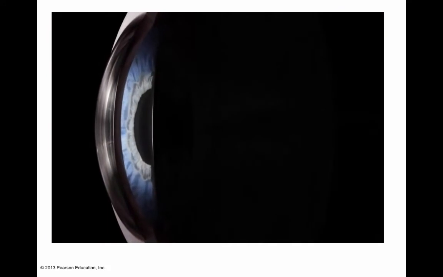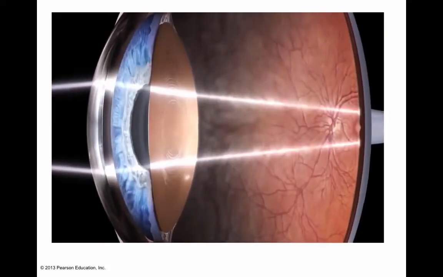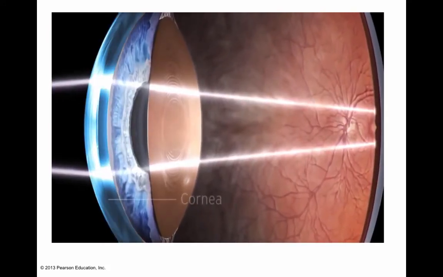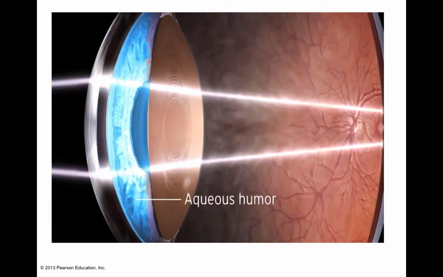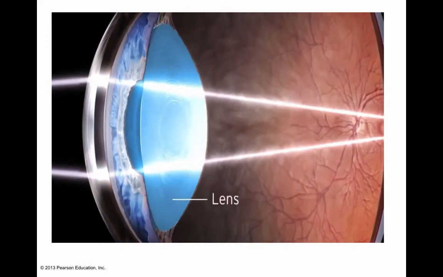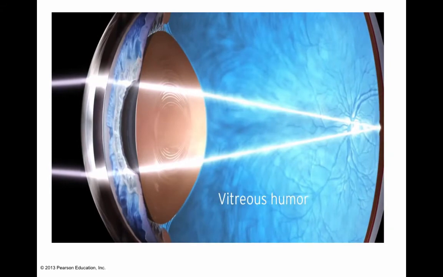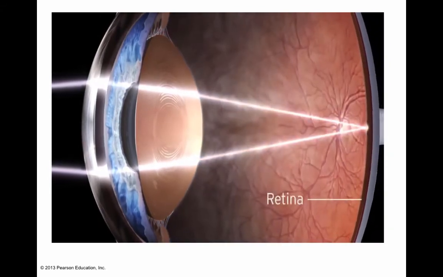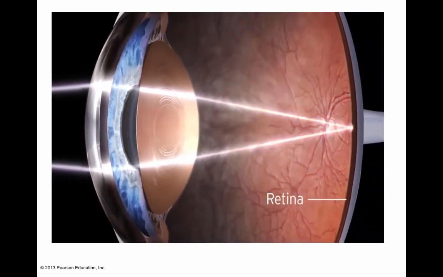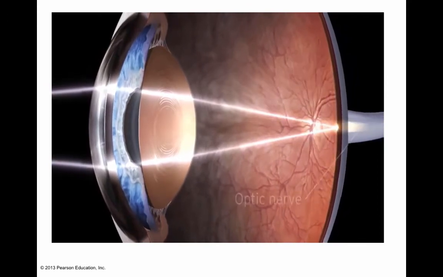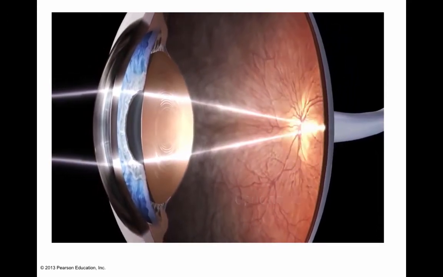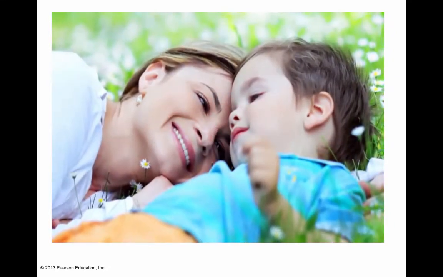The reflected light of the world enters through the crystal transparency of the cornea, aqueous humor, lens, and vitreous humor to project onto the photoreceptors of the retina, whose impulses converge on the optic nerve, and then to the brain, to be transfigured into imagery and imbued with meaning.